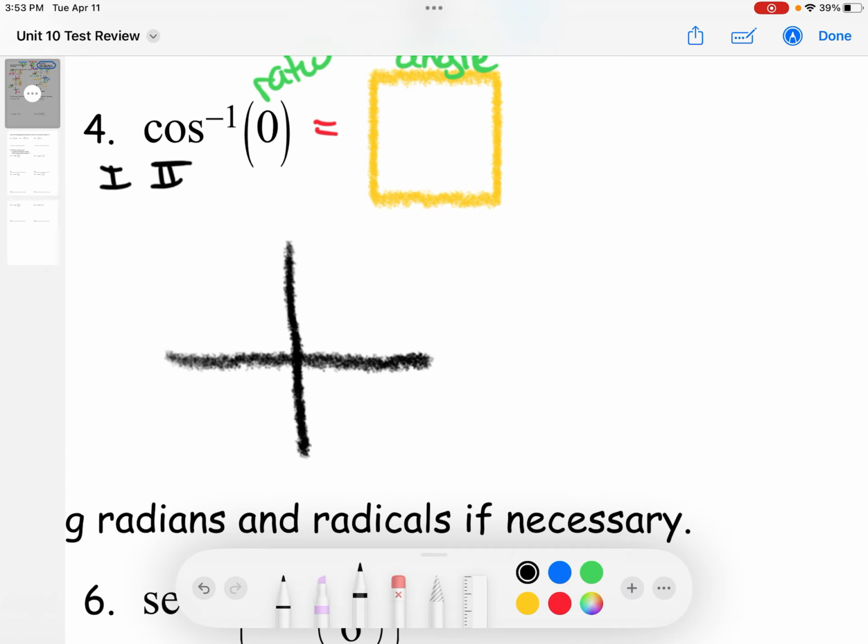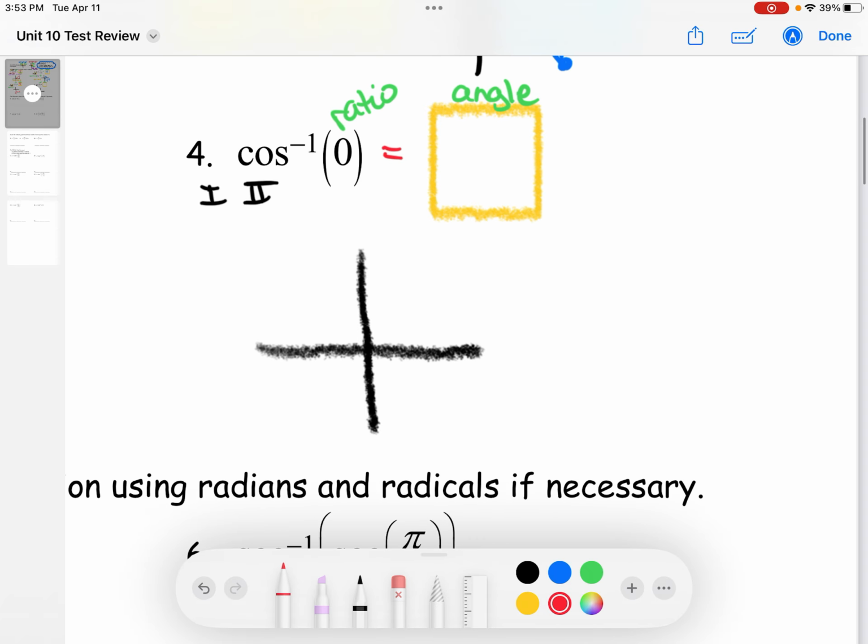So if we look at our coordinate plane, cosine is x. That x would equal 0. So where x equals 0 in either quadrant 1 or 2 or between would be straight up. The x value is 0. We do not move side to side, so we move straight up.